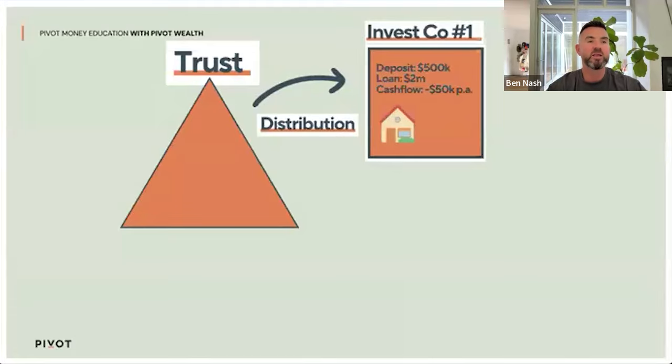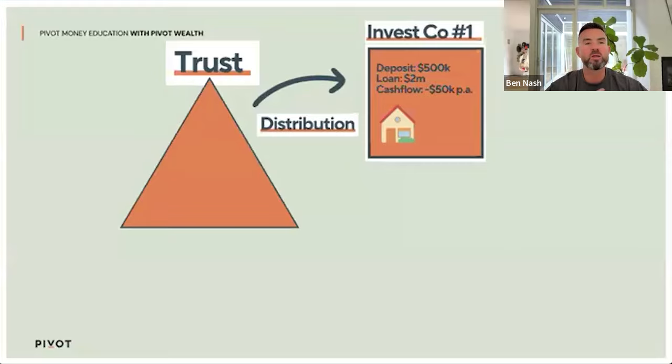When you do that, and in this example we're borrowing through an investment company, I've just used round numbers. It works whether it's a $2 million property, a $2.5 million property with a $500,000 deposit, or even a $200,000 property, not that you're really finding many of those. $500,000, $1 million, $5 million doesn't really matter that much.